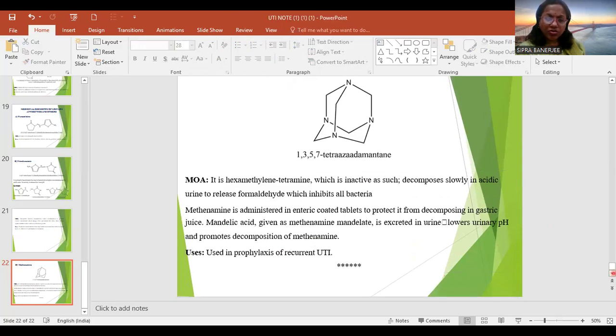That is not so much used. So up to this we are concluding, and you have to study in your notes or books. That's how you will gain more knowledge.